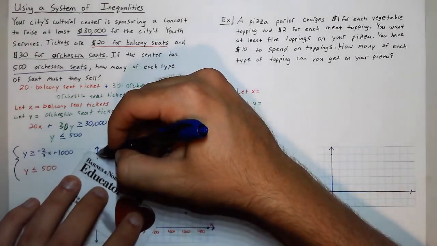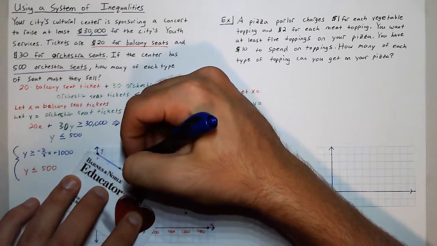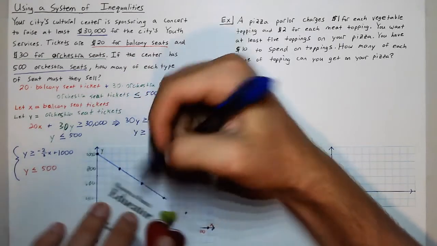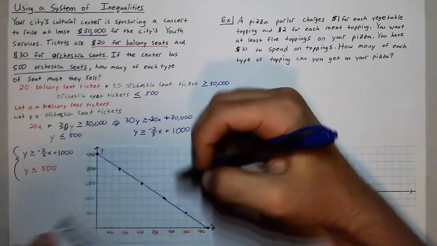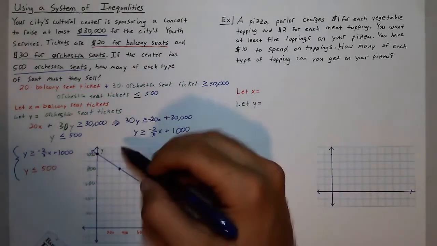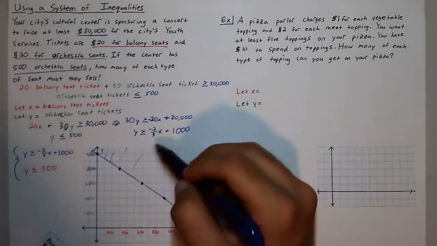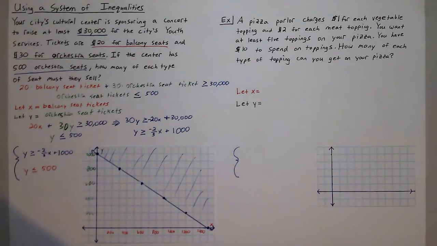And this is greater than or equal to, so it'll be a solid line, and then I will shade above the line, so everything above it. And then I have y is less than or equal to 500, so y is always 500 for this line.